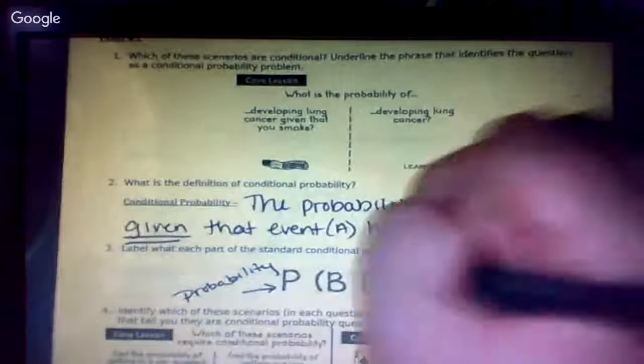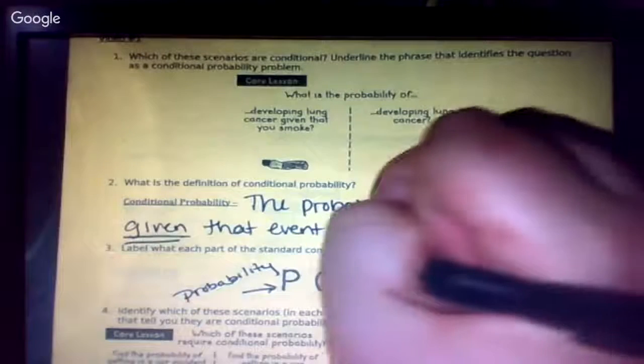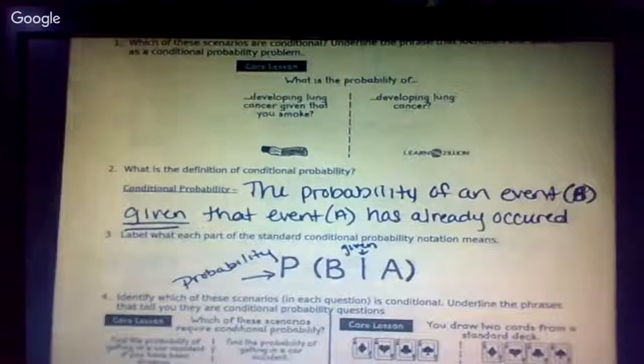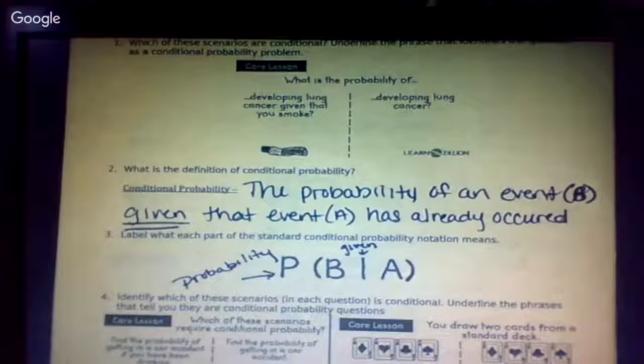This line right here represents the word given. Okay. This tells you that it's conditional. If you see two events and that line in between, that means we have conditional probability.